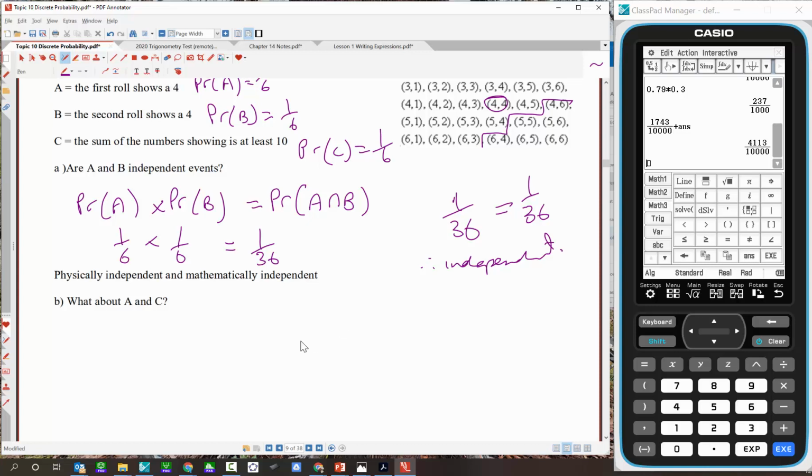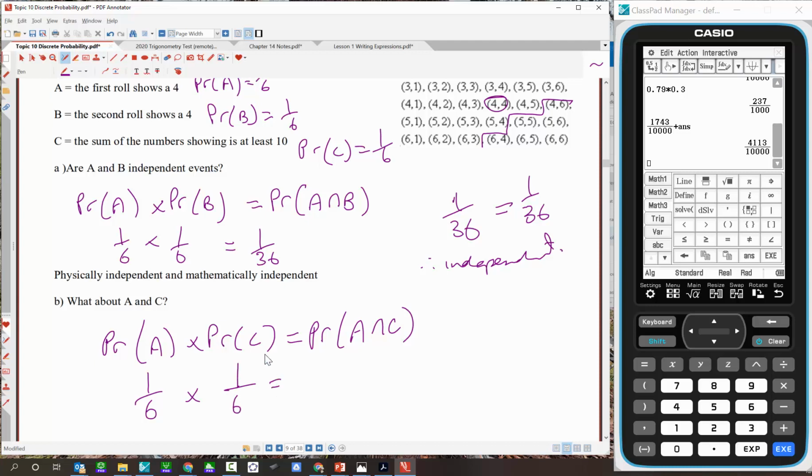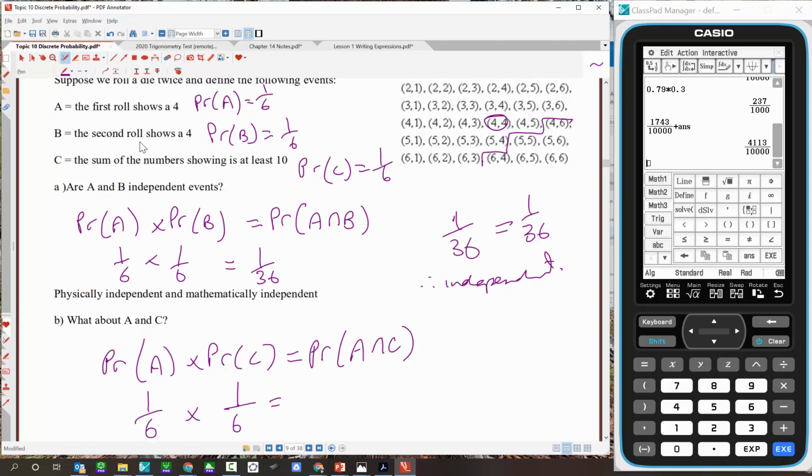Let's just check it out. So we've got the probability of A times the probability of C equals the probability of A and C. Probability of A is 1 in 6. Probability of C is 6 in 36, which is 1 in 6. Probability of A and C, that's first roll shows a 4 and sum is at least 10.